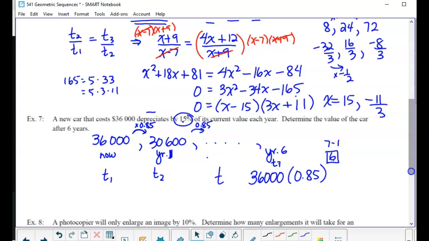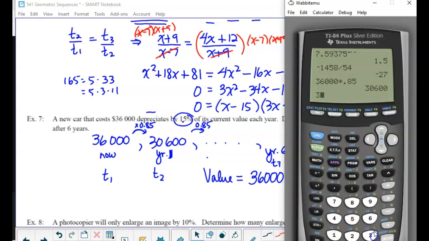So value here, and then just get out your calculator. 36,000 times 0.85 to the exponent 6.